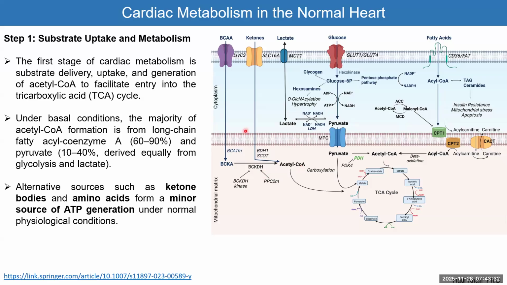Now, the most important aspect in this slide is that the heart really relies on fatty acids to generate energy. 60 to 90% of the heart's energy comes from fatty acid oxidation, and only 10 to 40%, depending on age and availability, comes from glycolysis.